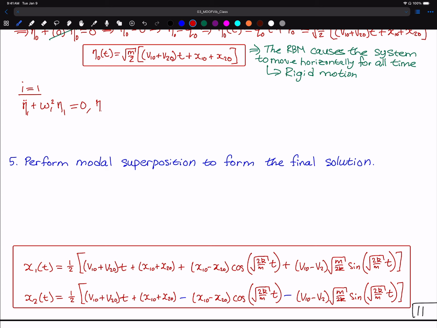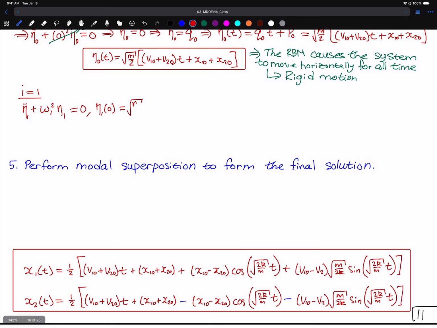For our initial condition, we're going to have eta 1 of 0 equal to the square root of m over 2 times x10 minus x20. And eta 1 dot of 0 is going to be equal to the square root of m over 2 times v10 minus v20.